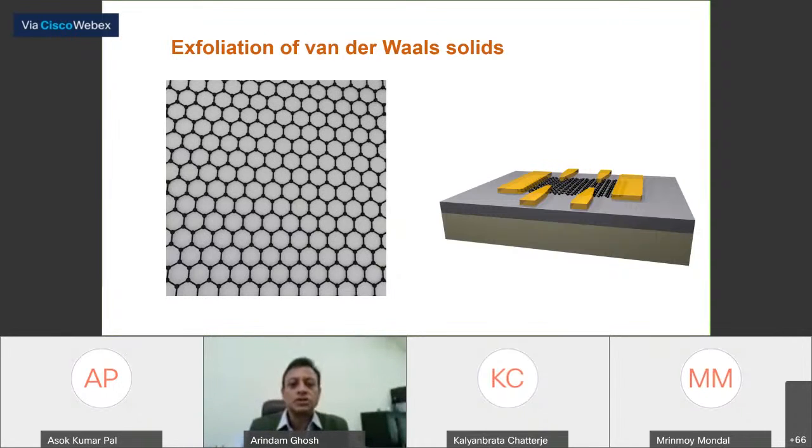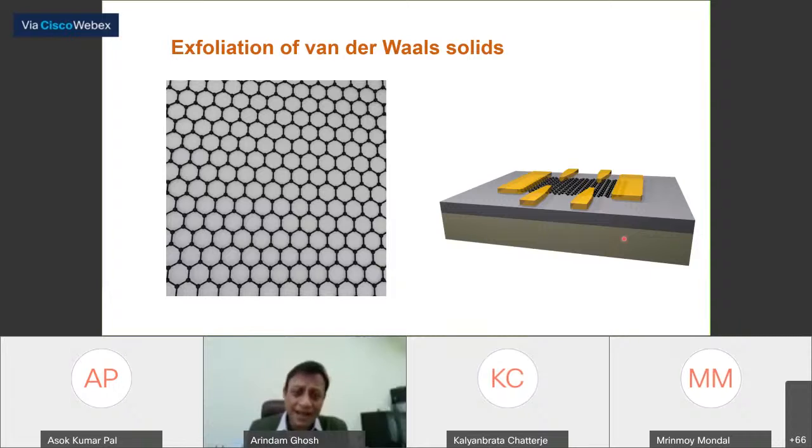You can see a layer of graphene connected through electrical contacts, normally gold, and you can make field effect transistors, the same field effect transistors which are used in computers and integrated circuits, using these atomically thin materials. And for that, there was a Nobel Prize in 2010 to these two gentlemen.